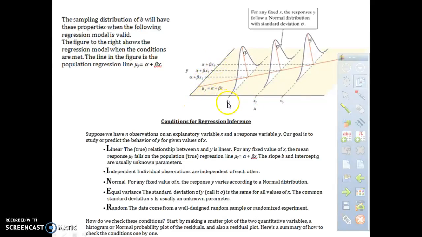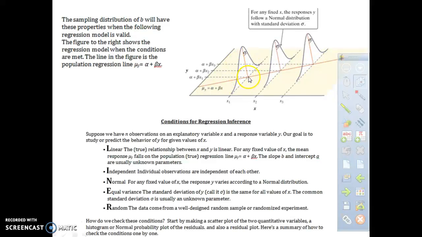But what we have for every single possible x is its own little curve. You can see it there. So basically, we need to make sure that the mean of all of the y's for this particular x is going to run along this line, or this line runs along those averages, I should say. That's one thing to take away.